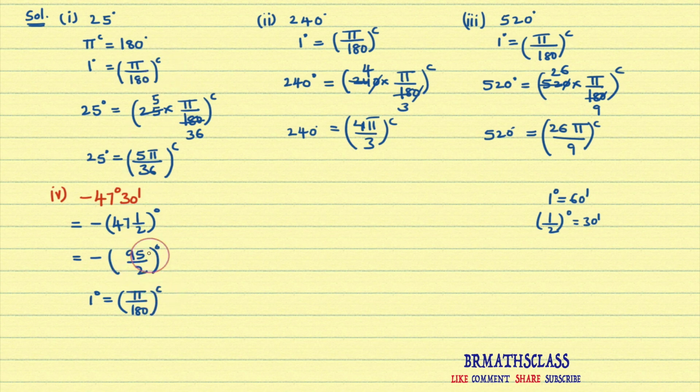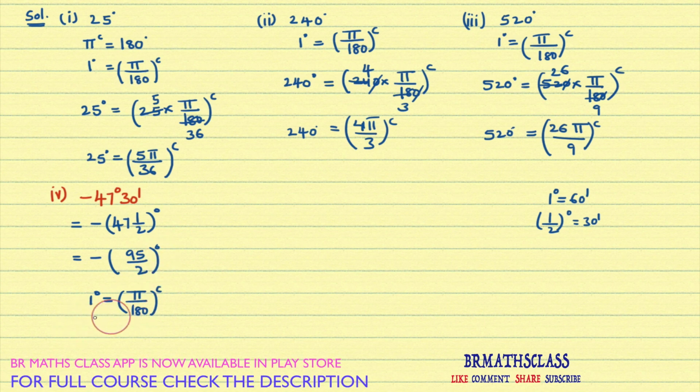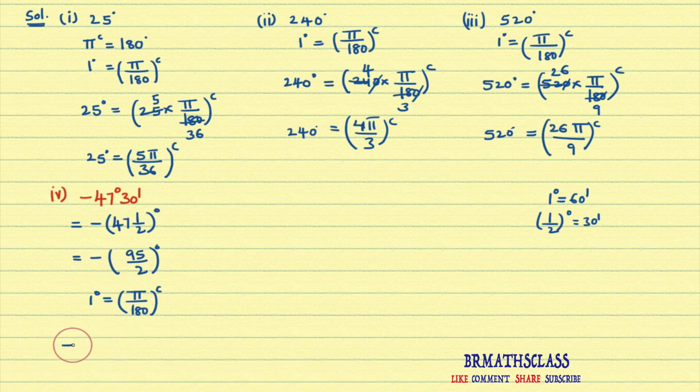What you want is minus 95 by 2 degrees. So what you will do? You multiply both sides by minus 95 by 2. So what you will get? Minus 95 by 2 into 1 degree, that is minus 95 by 2 degrees, equals minus 95 by 2 into pi by 180 radians. So we need to simplify this now.